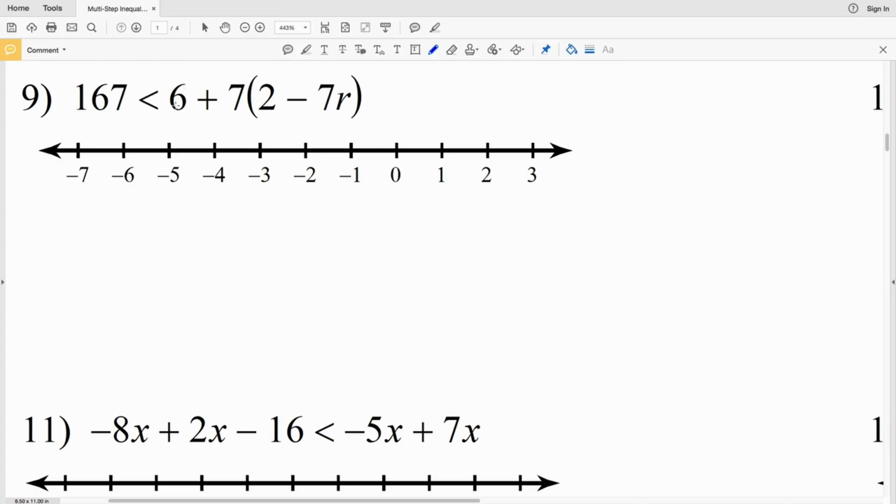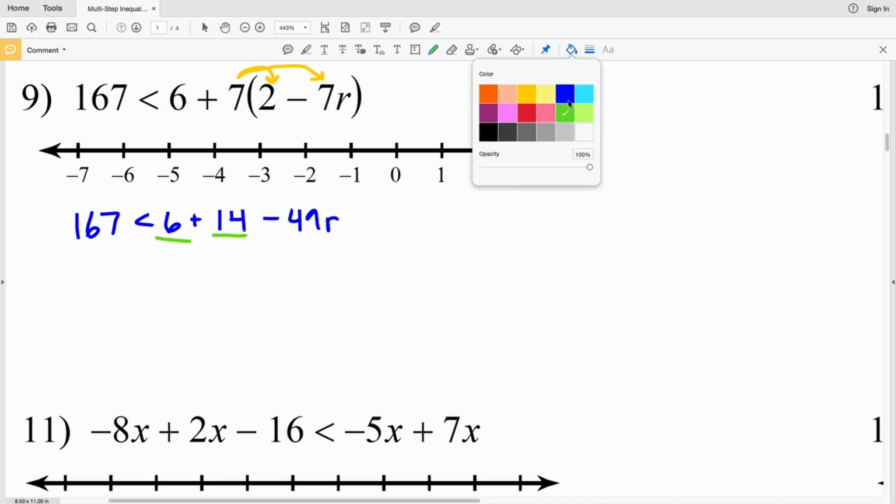167 is less than 6 plus 7 times 2 minus 7r. We're going to start by distributing that 7. That'll leave us with 167 is less than 6 plus 7 times 2 is 14 minus 7 times 7r is 49r. Combining like terms on the right, we can combine the 6 and the 14 together.